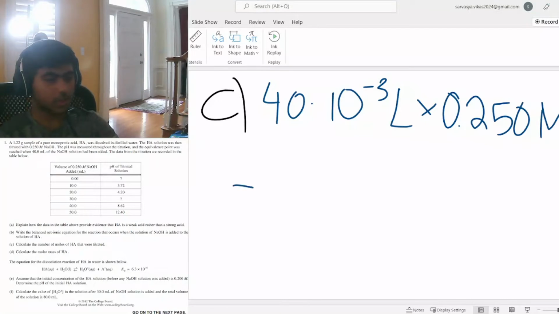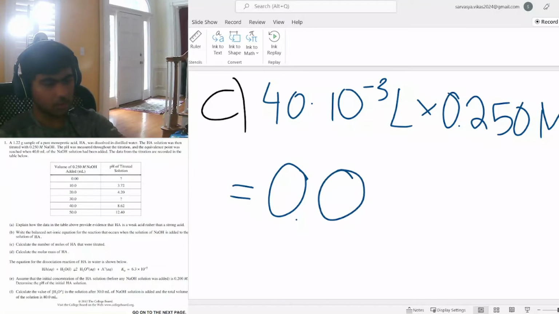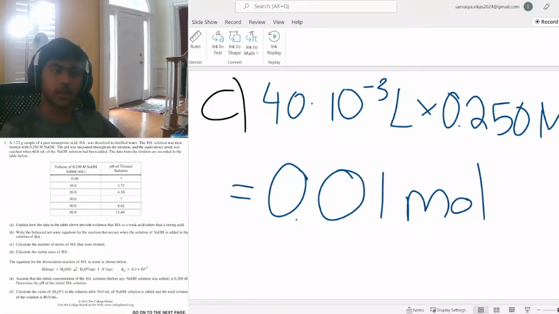If we pull out our calculator, 40 times 10 to the negative third times 0.250 is going to be 0.01 moles of sodium hydroxide that was added.